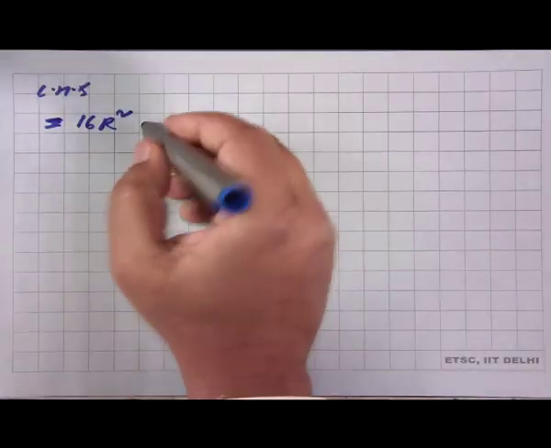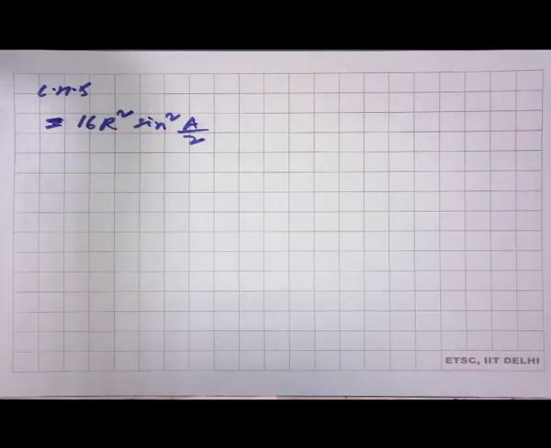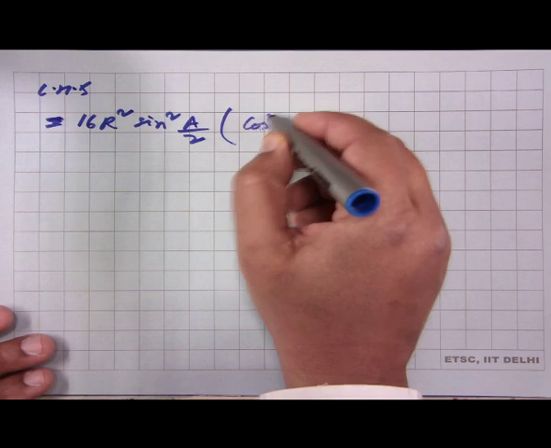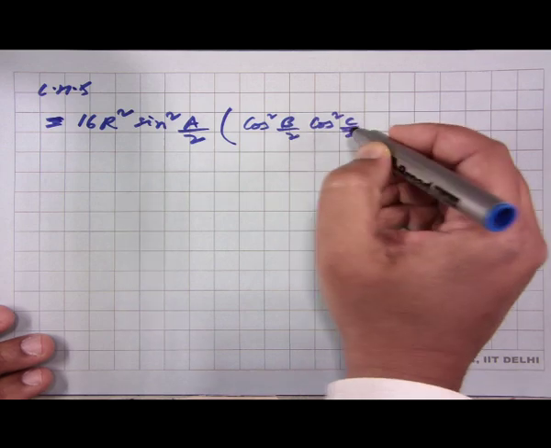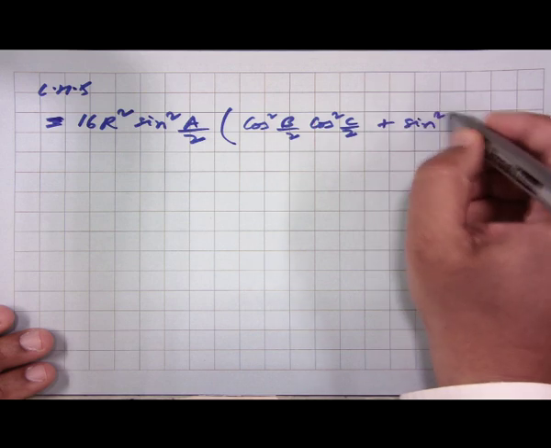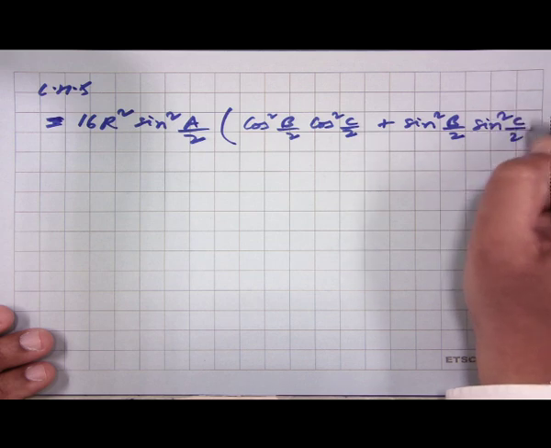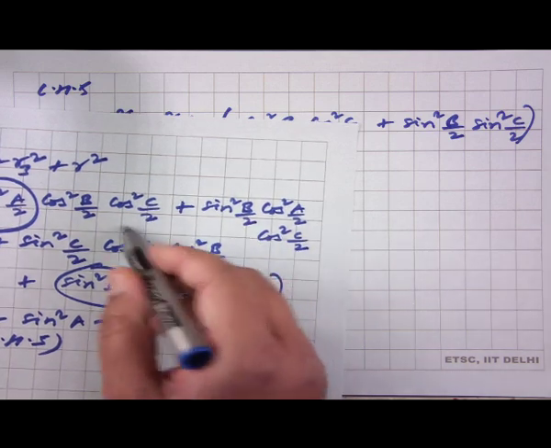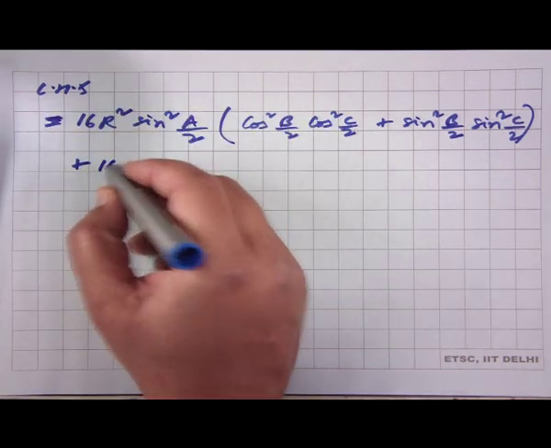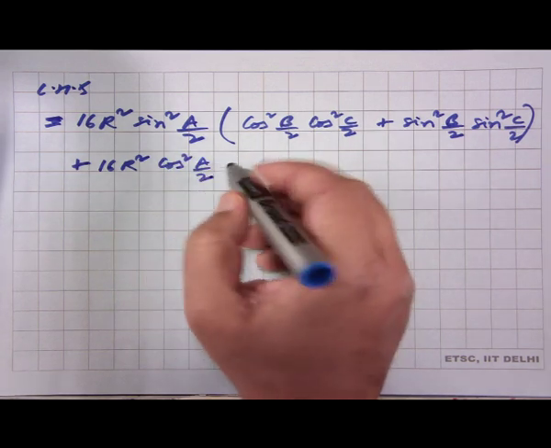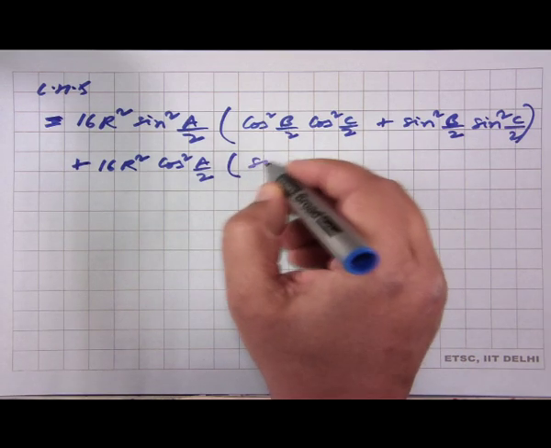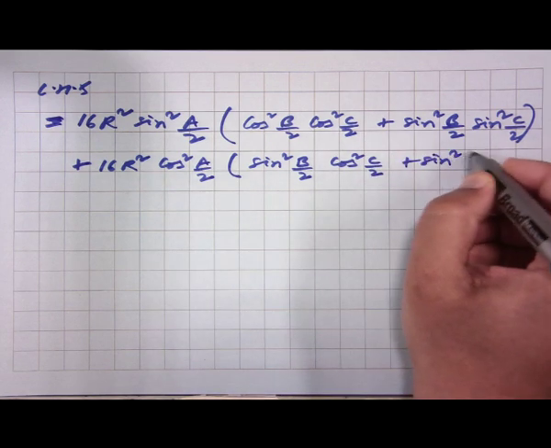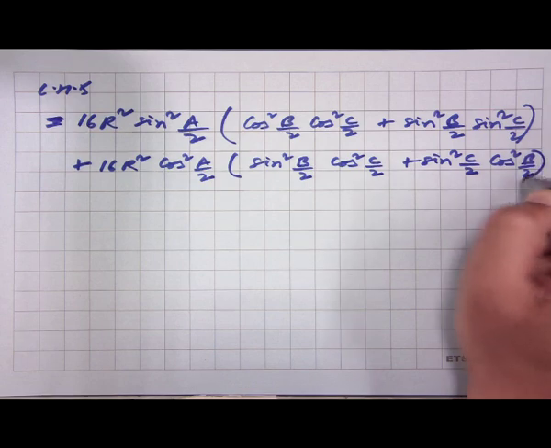So, we will combine those two terms which have sine square A by 2 as common, and then this term plus this term gives us, and then when we add, the remaining two terms have cos square A by 2 as common. So, we have, into cos square B by 2.